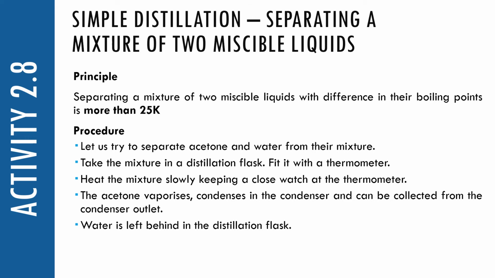Take the mixture in a distillation flask, fit it with a thermometer. Heat the mixture slowly, keeping a close watch on the thermometer. Acetone vaporizes, condenses in the condenser, and can be collected from the condenser outlet. Water is left behind in the distillation flask.